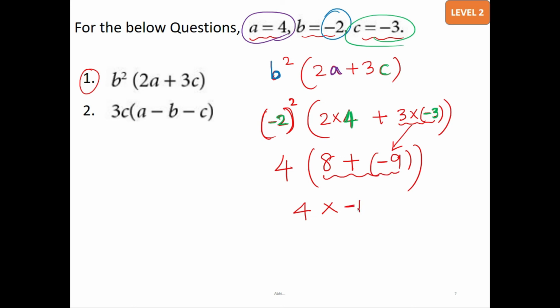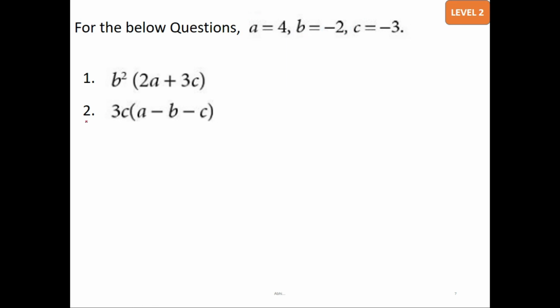It's going to be minus 1. So your final answer is going to be minus 4. So that's how you do it. Even if you're doing it in your calculator, make sure you put appropriate brackets for the negative values and do it carefully.